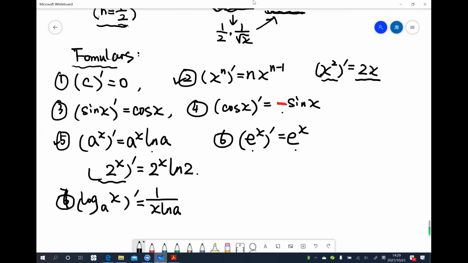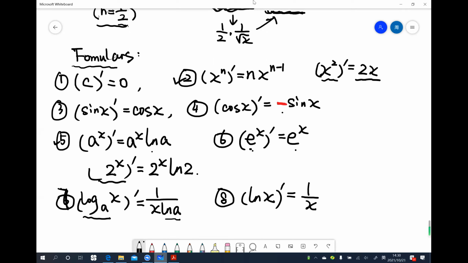And number 8 is a special case of number 7, that is ln x. We know ln x means the log function with the base a equals e. So ln x prime equals 1 by x, because ln e equals 1.